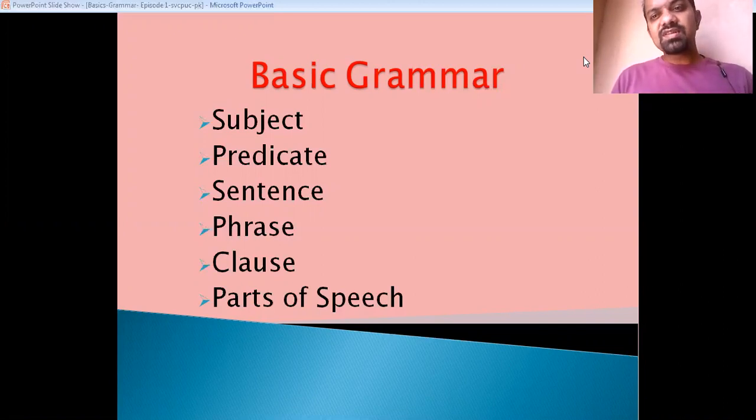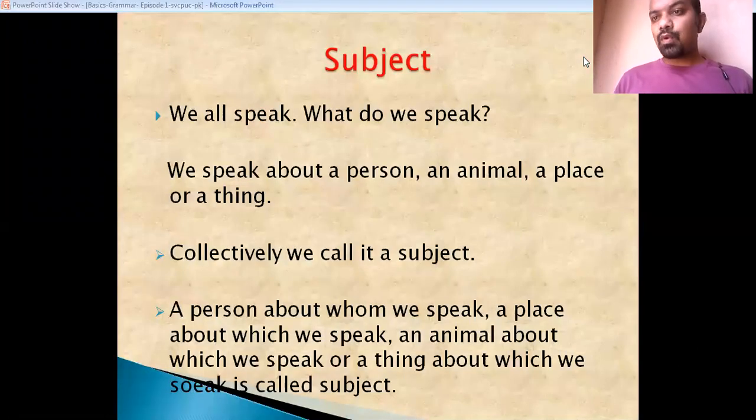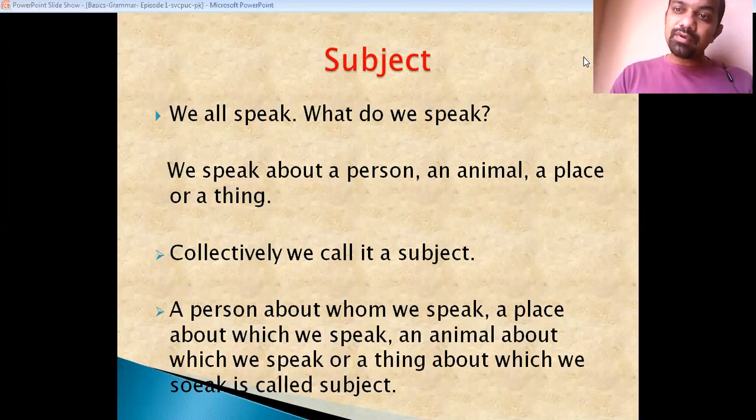So let us see what is subject. Dear students, we all speak. What do we speak? We speak many things. We speak about cricketers, film stars. We speak about Mahendra Singh Dhoni, Virat Kohli, Tendulkar, and so on.